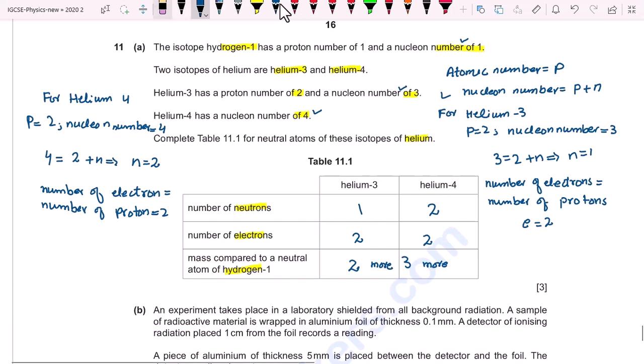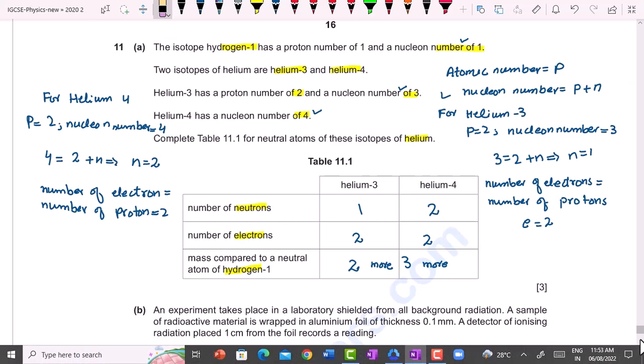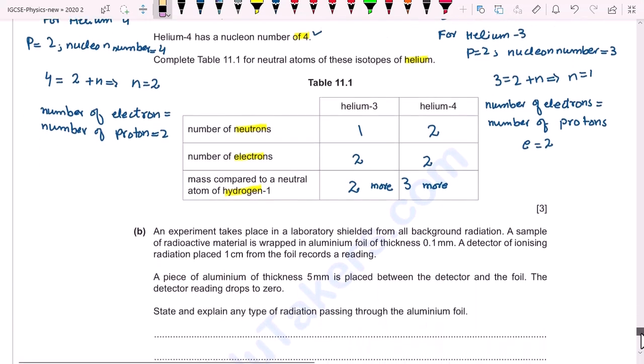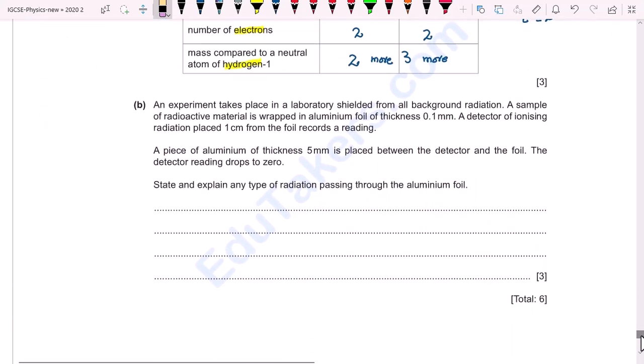Part B. An experiment takes place in the laboratory. So in this part there is an experiment that takes place in the laboratory. It is shielded from all background radiation. A sample of radioactive material is trapped in aluminium foil whose thickness is 0.1 mm.